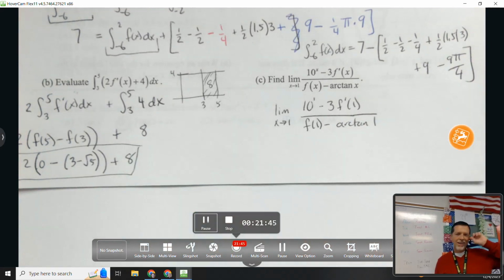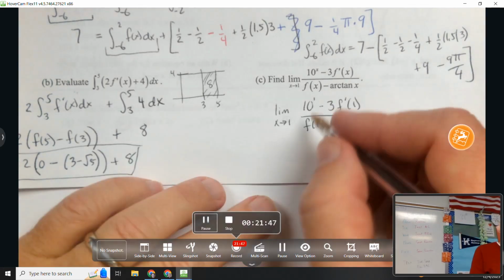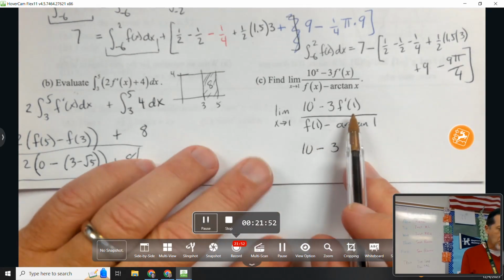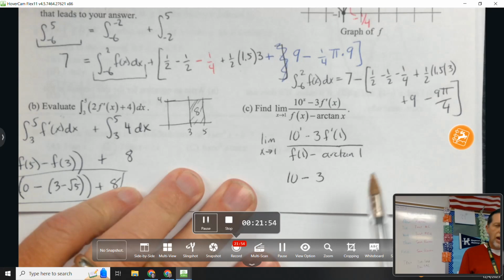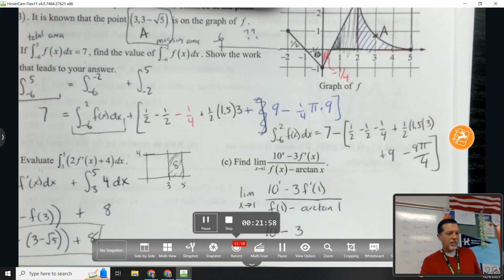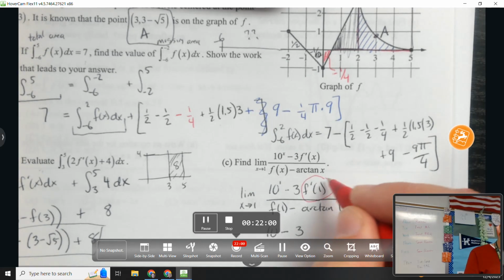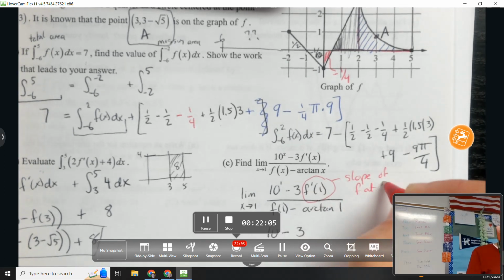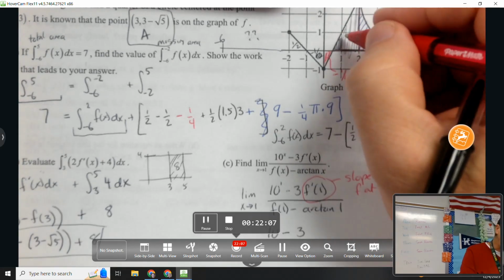Okay. Some of this is easy. 10 to the first is 10. F prime at 1. How am I supposed to know what f prime at 1 is? Yeah, that's the slope of f at 1. So I look on my graph.